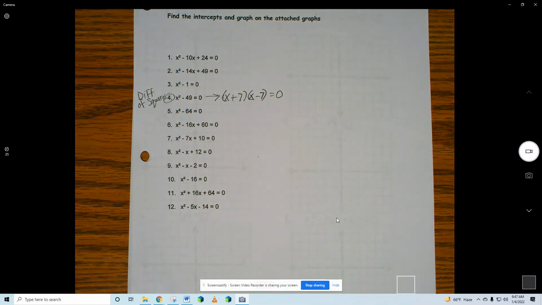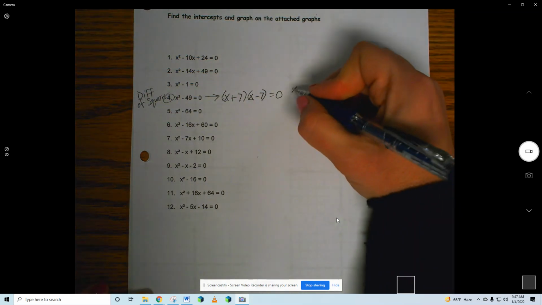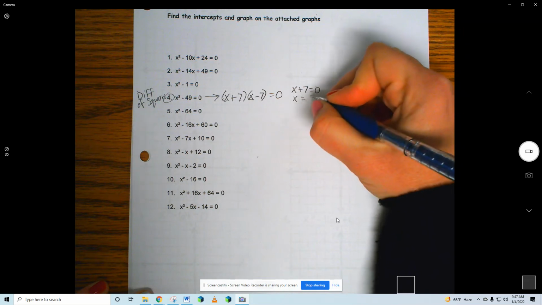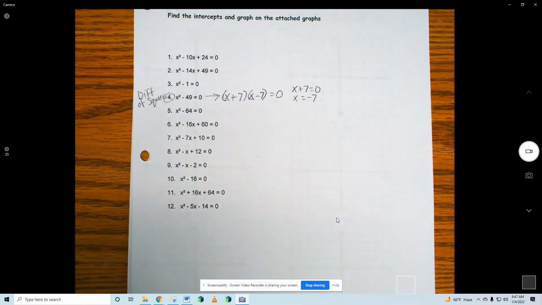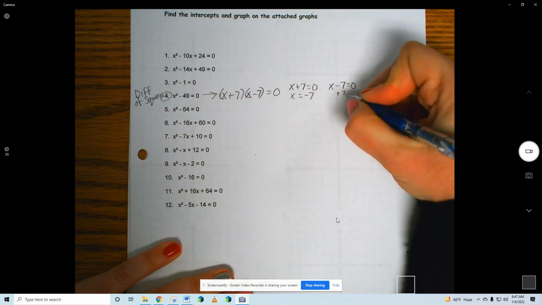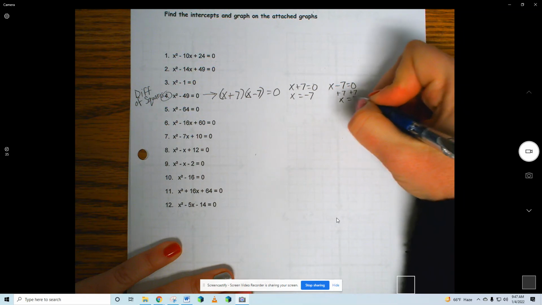So that means if I set each parenthesis equal to 0, x plus 7 equals 0, I solve it, I get that x equals negative 7. x minus 7 equals 0, I solve it, I get x equals positive 7.